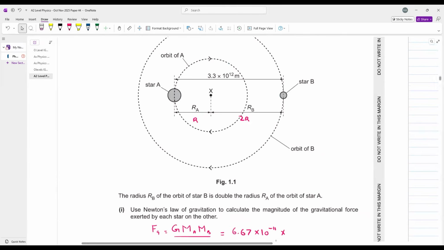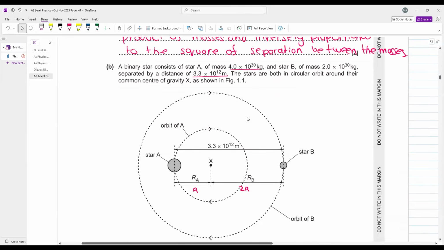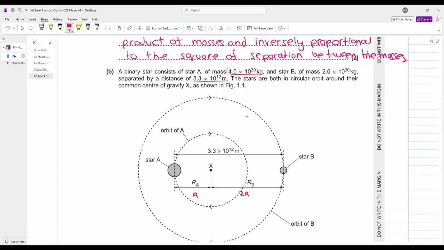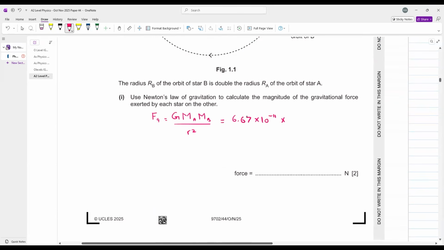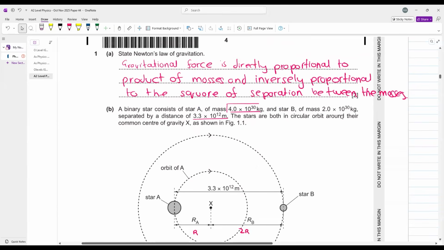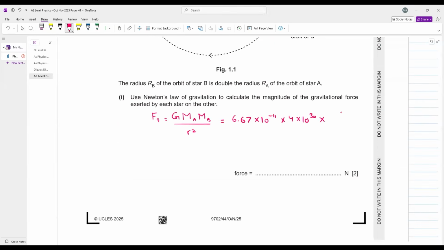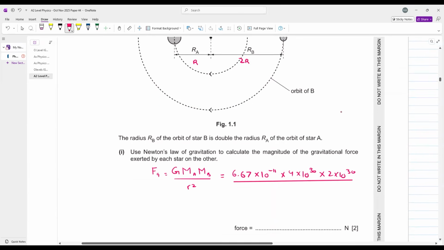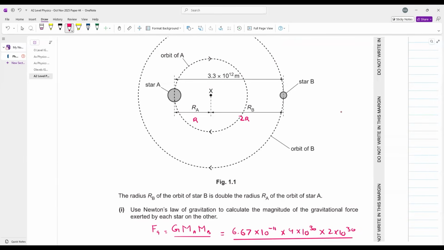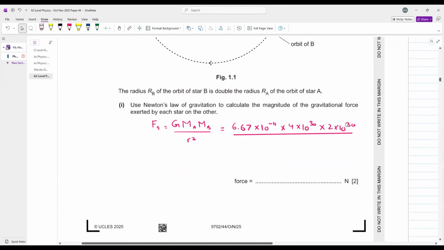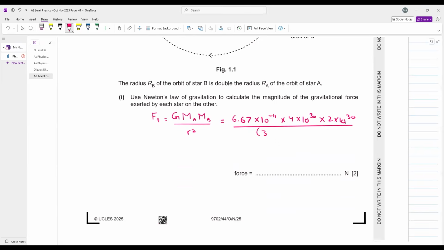The mass of star A is 4 into 10 raised to the power of 30, and the mass of star B is 2 into 10 raised to the power of 30. The distance between them is 3.3 into 10 raised to the power of 12, squared.